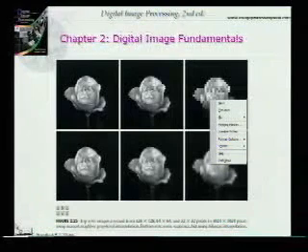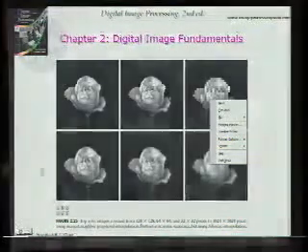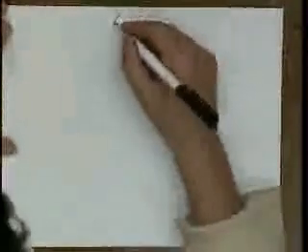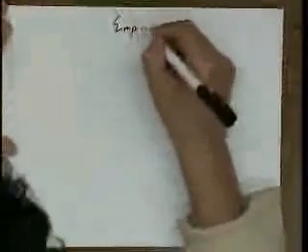So if you can bring back the camera. Okay. Here are some empirical observations to wrap up today's lecture.